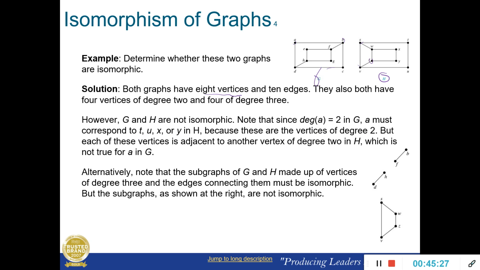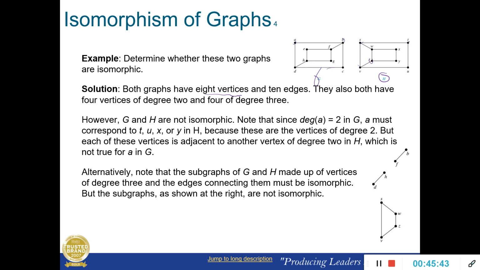So like A and C must be adjacent to another vertex of degree 2, but A and C here are adjacent to vertices that have degree 3. C as well.